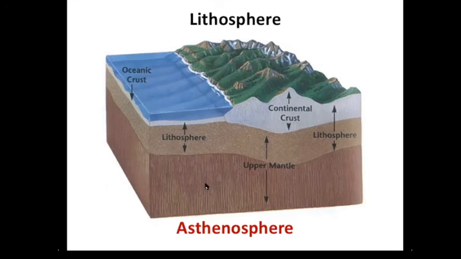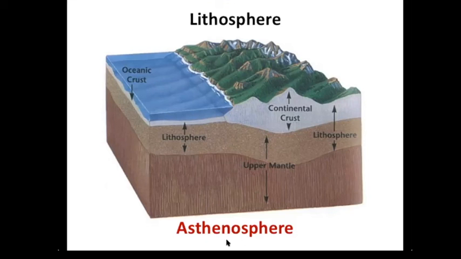And so we've renamed it. We call the crust and the upper mantle the lithosphere. And if anybody ever uses the word plate, like, oh, that's one of the Earth's plates, they really mean lithospheric plate. Lithos is Greek for rocky, and sphere means layer. So the lithosphere is the rocky layer.